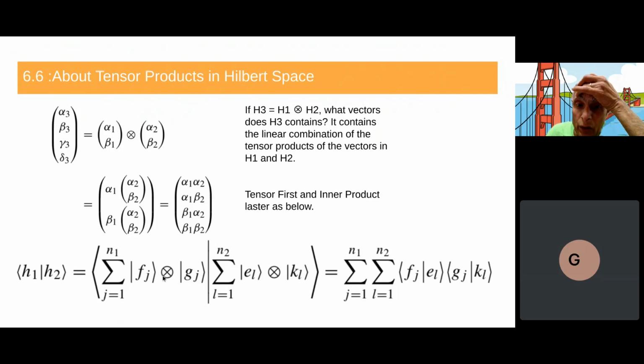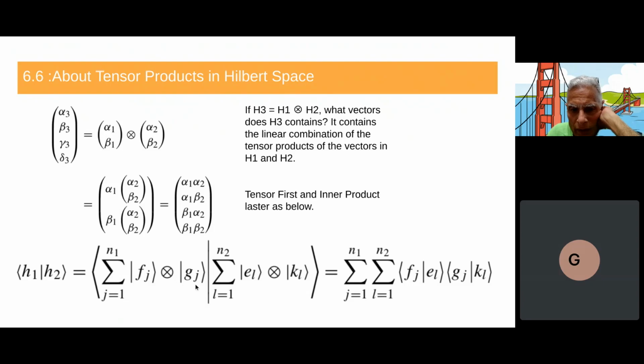So essentially here you have F and G, here it is E and K, and when you combine F and E and J and K, then you get F E and G K. So essentially the ket of this and the bra of this and a ket of this, and that is as is.